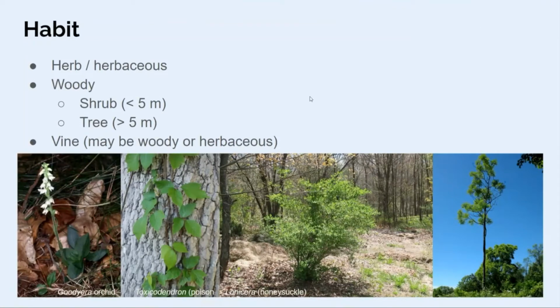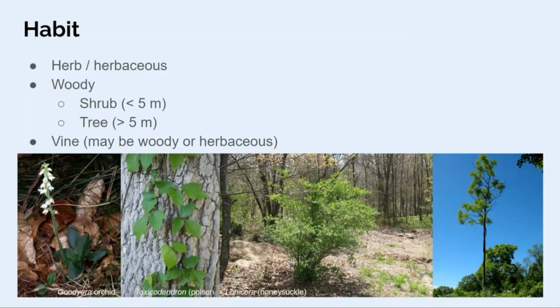And trees and shrubs are both woody. There's kind of just a size split on trees and shrubs. It's hard to be universal about that. So generally, I've got it here at 5 meters, or about 15 feet. So less than that size is a shrub, more than that size is a tree.